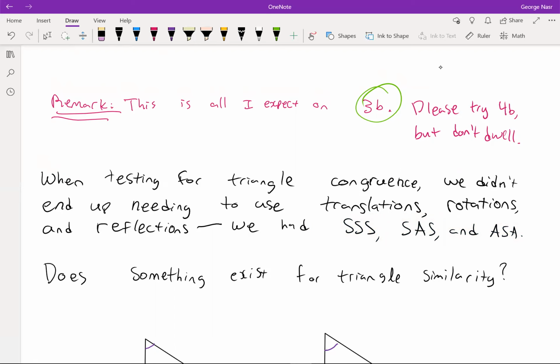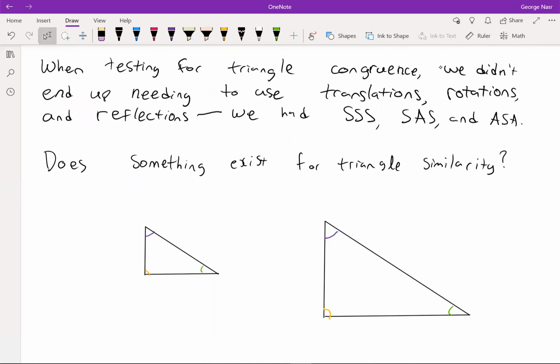So now there's a question of, is there something similar for triangle similarity? And so I've drawn 2 similar triangles here, and I have suggestively color coded the angles, and I just want to show you something interesting. Look at what happens if I superimpose the 2 purple angles on each other.